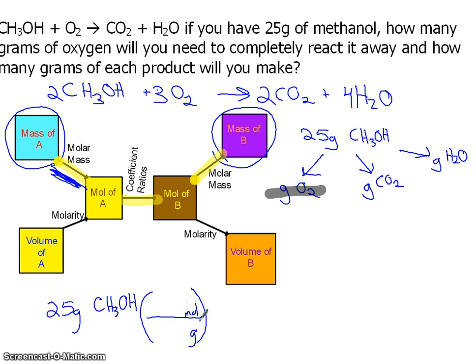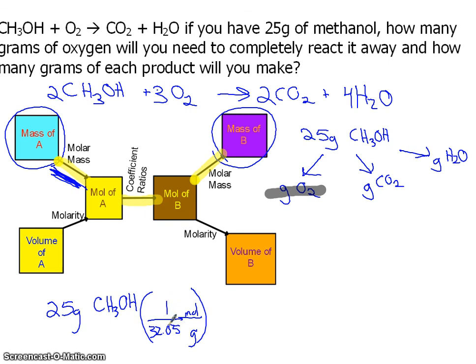I want to go into moles. So I need to look up, well, what is the molar mass of CH3OH? So carbon is 12. There's 4 hydrogens, so that's 16 plus another oxygen. So it's a total of 32 and some change, and it works out to about 32.05. So 32.05 grams is 1 mole.